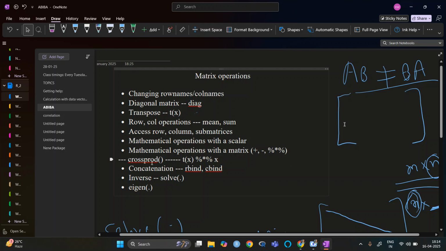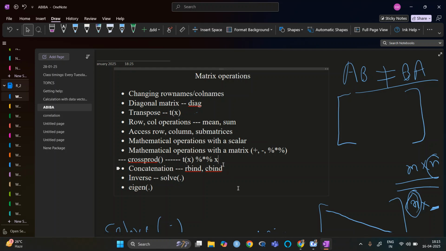The next is the cross product. If you write this, the cross product basically gives you the transpose of x multiplied by x. Now you need to remember that the other way around is not true in the matrix. Okay, so ab is not equal to ba.